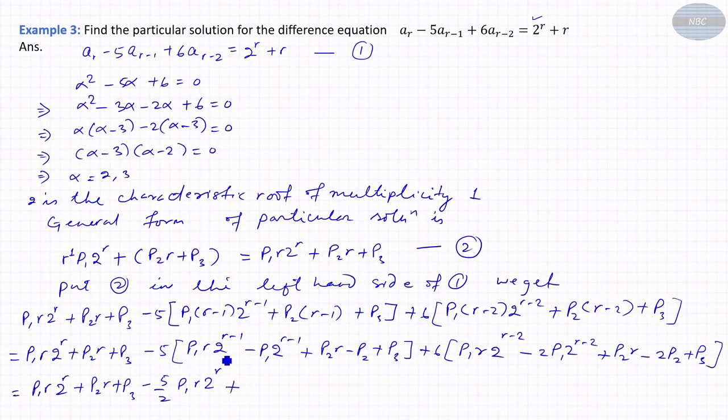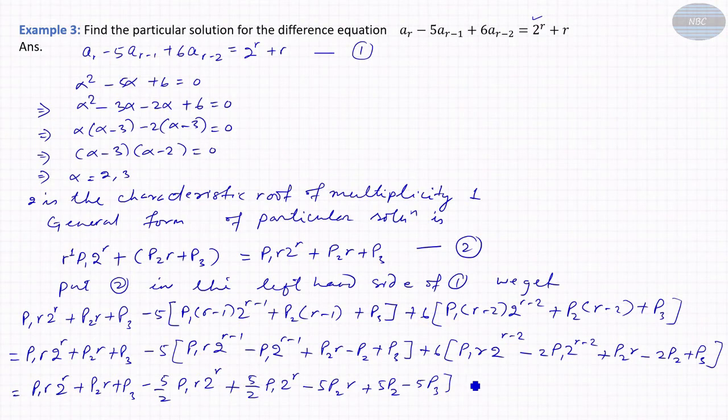Similarly, this minus 1 is plus, so this one is 5 by 2 p1 2 to the power r, minus 5 p2 r plus 5 p2 minus 5 p3. So this minus 5 is multiplied with this term, we get this.